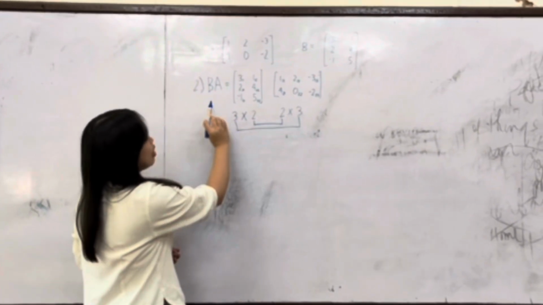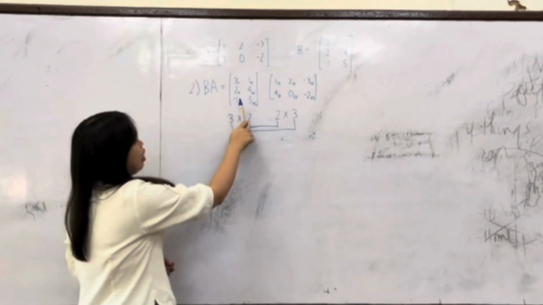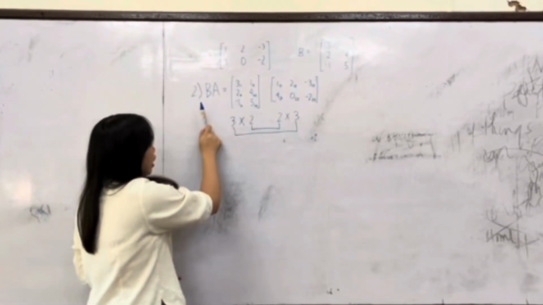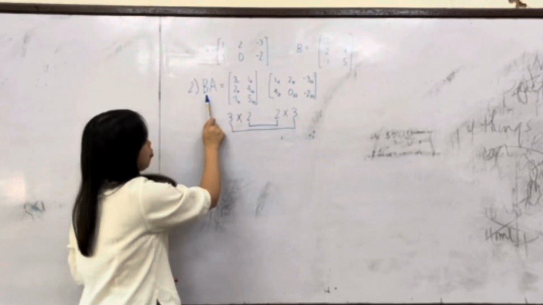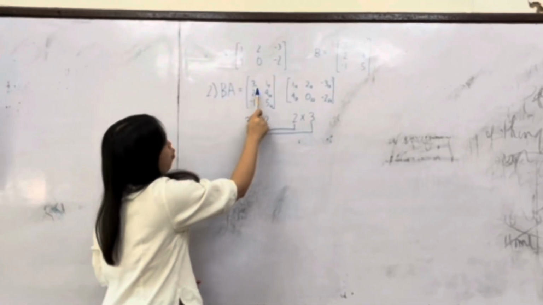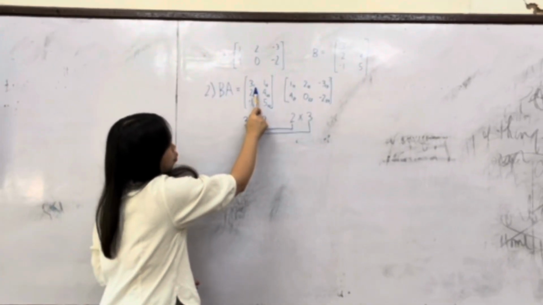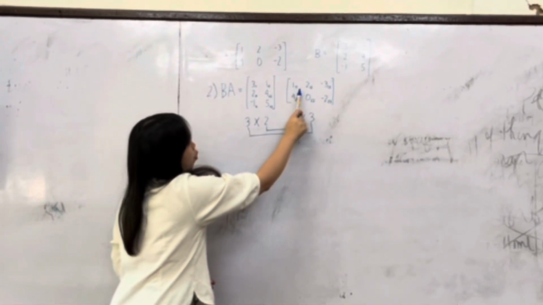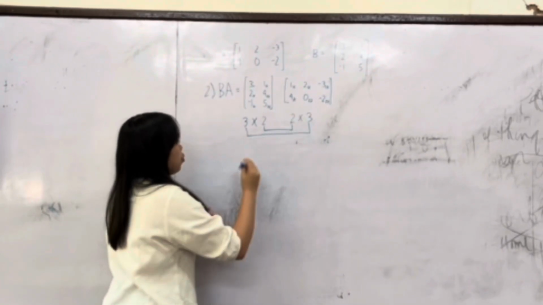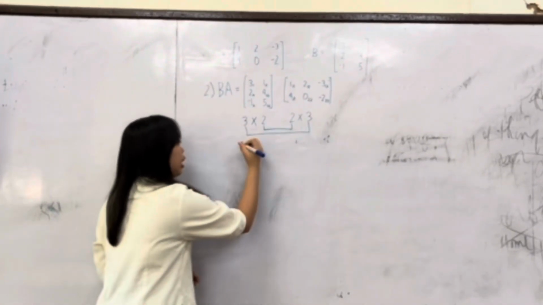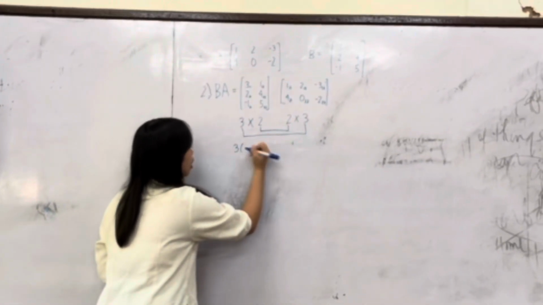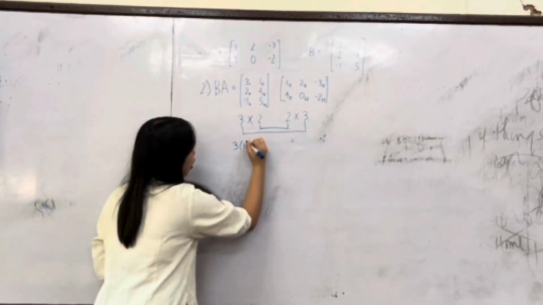Now, I labeled this so we can easily trace it. Now, we will multiply b sub 1, 1 to a sub 1, 1. So that will be 3 multiplied to 1.